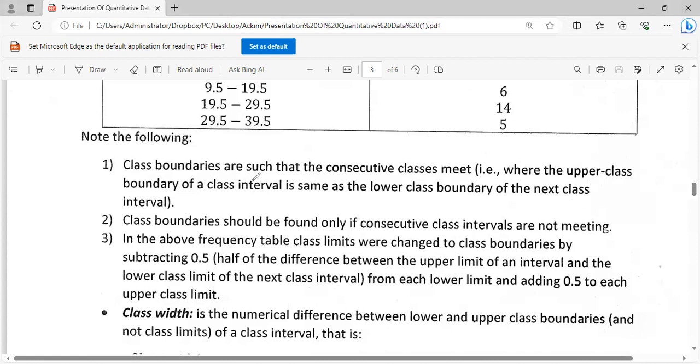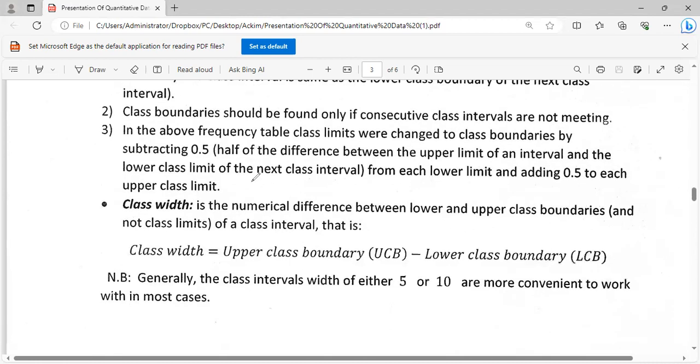But in case you are given a question that already has them the same, no need for you to convert, you just go direct. In the above frequency table, the class limits were changed to class boundaries by subtracting 0.5 on the lower limit of the existing class from each lower and adding 0.5 to each upper class limit. On the right we add, on the left we subtract.